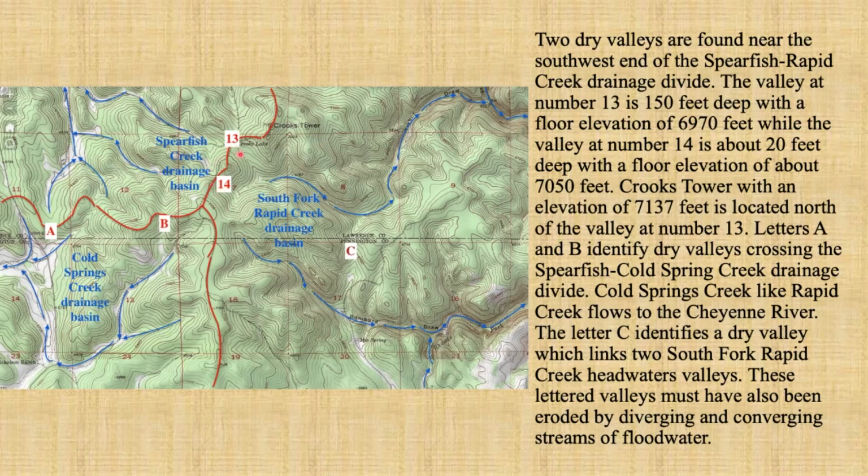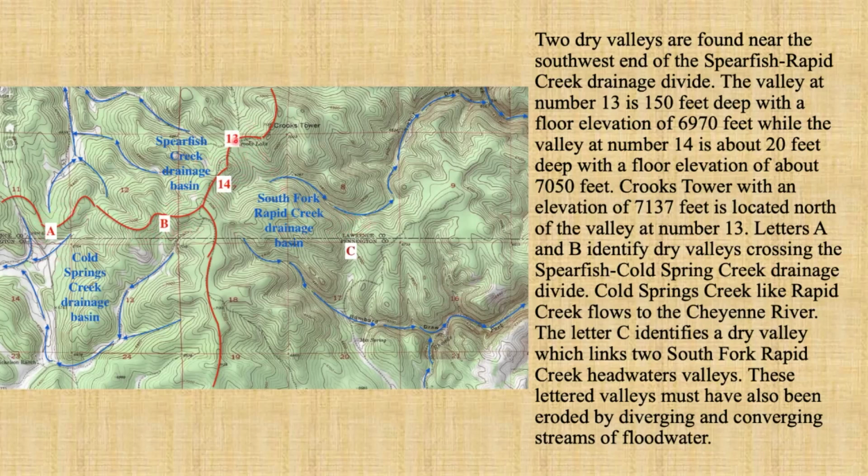But we've still got more valleys crossing the drainage divide. And then if we look at some of the adjacent drainage divides, we've got more valleys here that are suggesting that the anastomosing channel complex was much more extensive than just across this drainage divide.